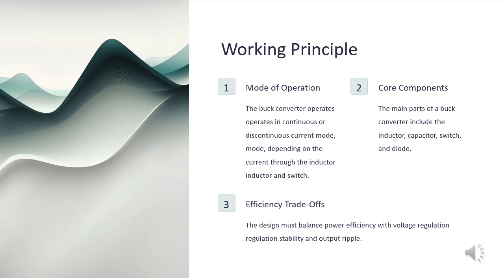Second of them is the components, the main components of a DC converter. It includes an inductor, diode, capacitor, and switch, and these are the main things needed to build a converter.